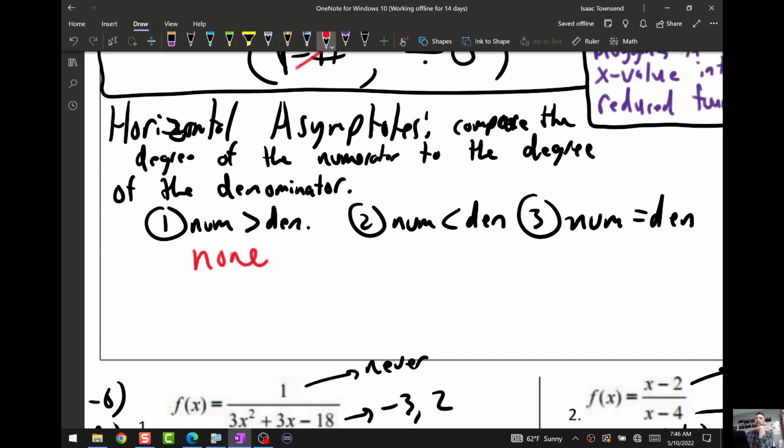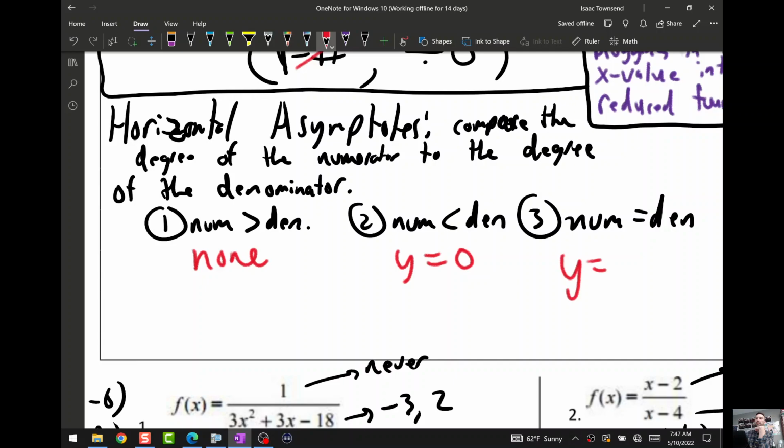But if your denominator is growing faster than your numerator, just like all fractions, if the denominator is growing quicker, and as x gets bigger and bigger and bigger, it grows way, way faster, it gets closer and closer to 0. So our horizontal asymptote, it's a horizontal line, so y equals, but it would be y equals 0. And if the degrees are equal, then they're basically growing at the same rate.